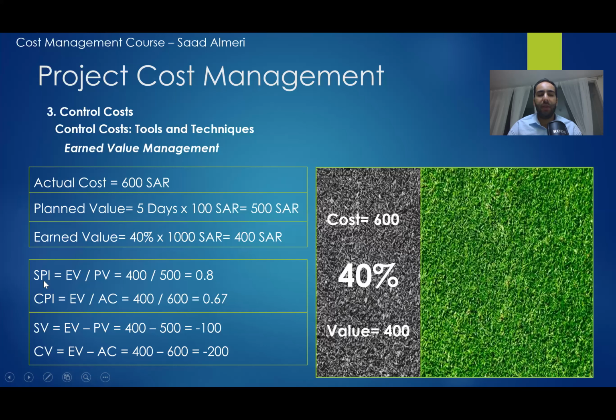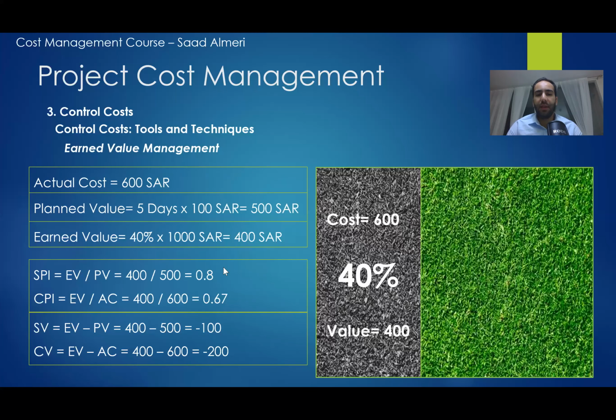When we have a schedule, we have planned value. When we have a cost, we have actual cost. Schedule, planned value; cost, actual cost. So in this case, you calculated the SPI, CPI, SV, and CV for this project. Now we have the indicators. Let's see what the status of the project is.